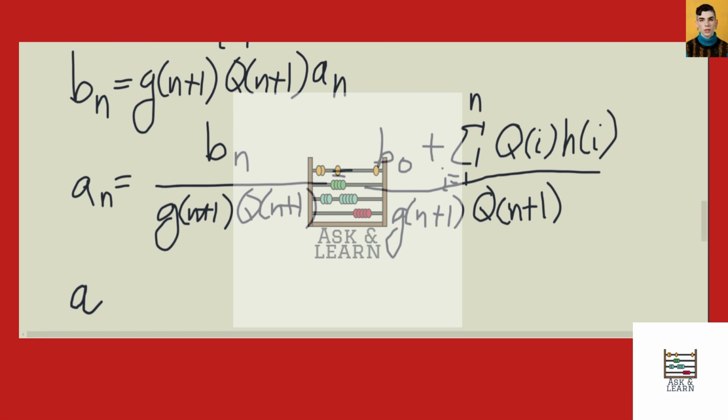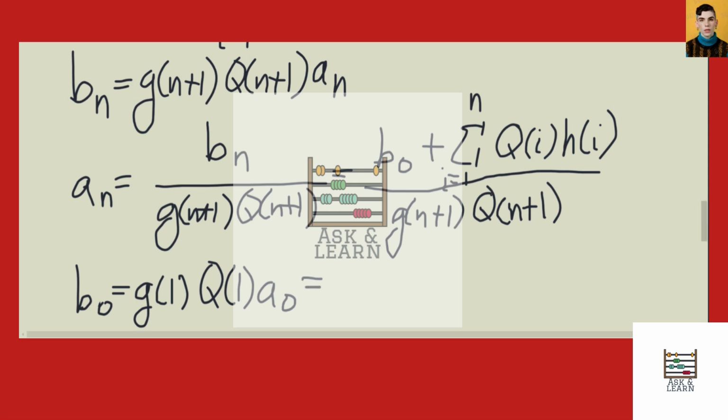So we have that b0 is equal to g of 1 times q of 1 times a of 0, which is equal to g of 1 times q of 1 times c.